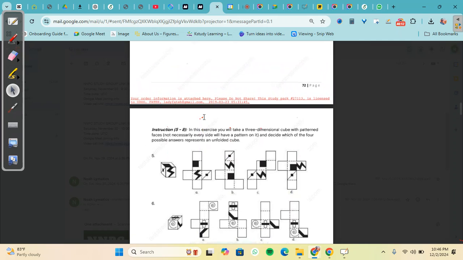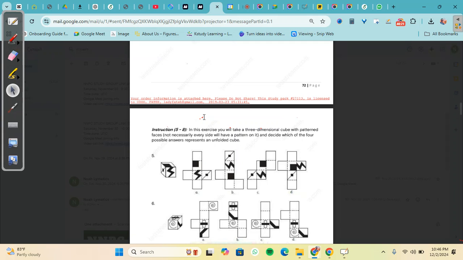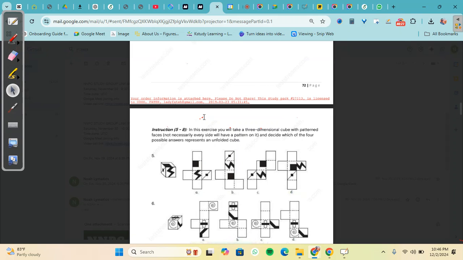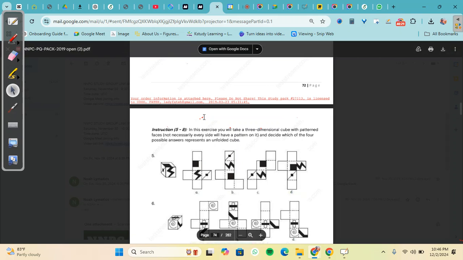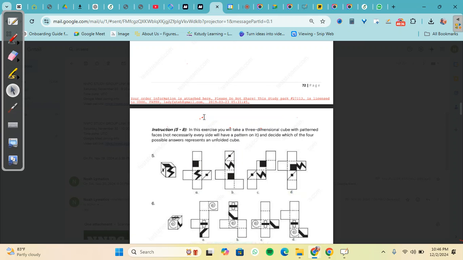It says, in this exercise, you will take a three-dimensional cube with patterned faces. Not necessarily every side will have a pattern on it, and decide which of the four possible answers represents an unfolded cube.